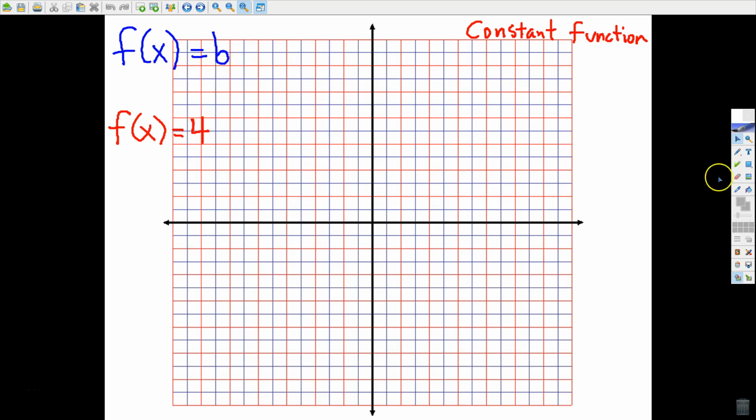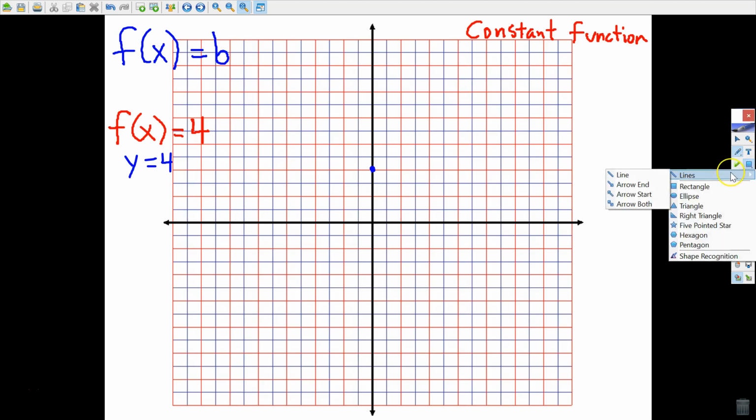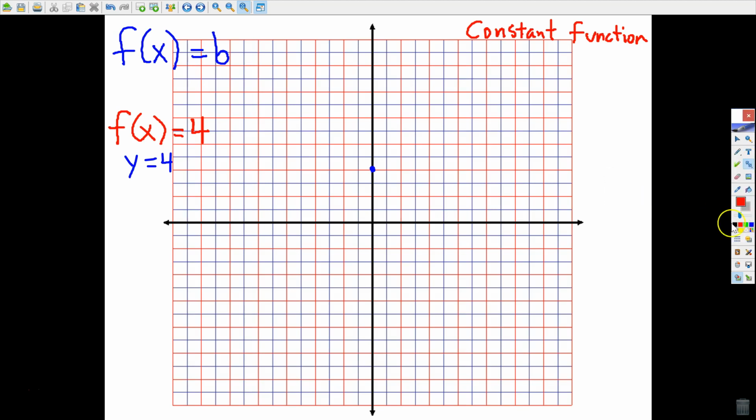In this case, we are going to be crossing only the y-axis, because you could also rewrite this so that it says y equals 4. Okay, so this is that horizontal line that crosses the y-axis. That's typically what we refer to as b, the y-intercept. And I'll get my line draw tool. You're probably familiar with this.